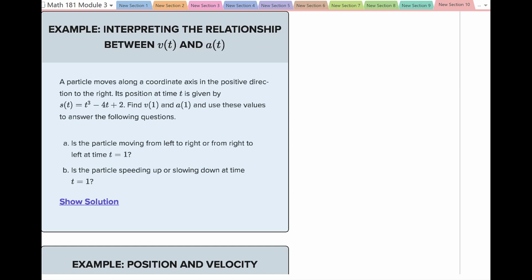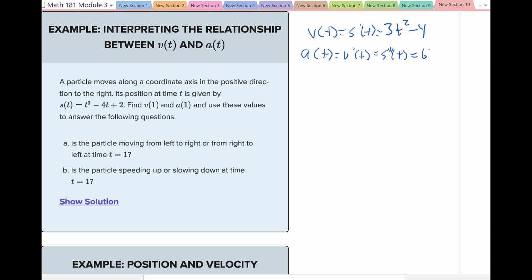So we have velocity at time t is the first derivative of the position function, which is going to be 3t squared minus 4. And then our acceleration at time t is the first derivative of velocity, or the second derivative of position. There are 2 tick marks there.